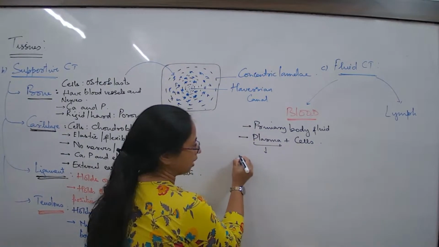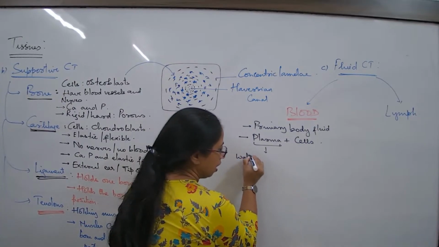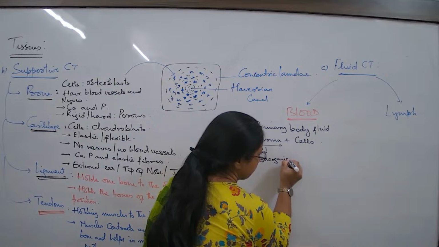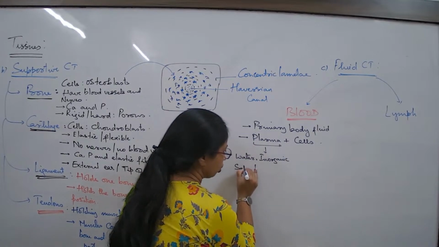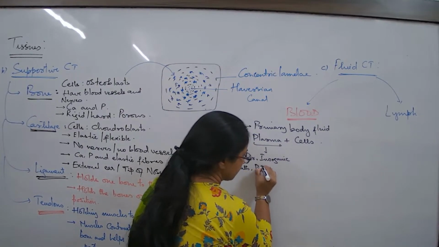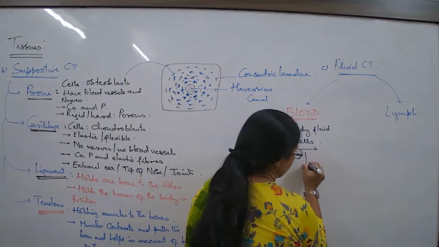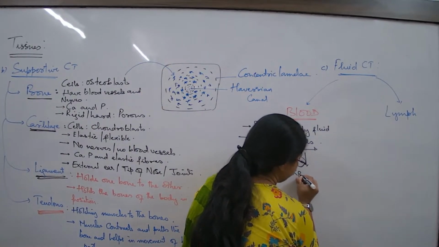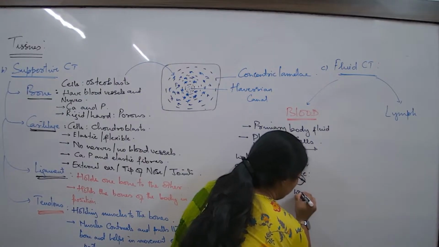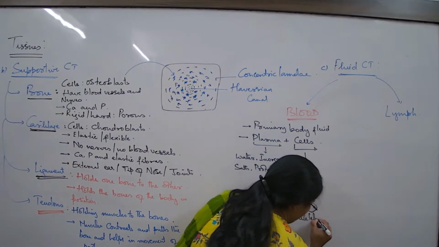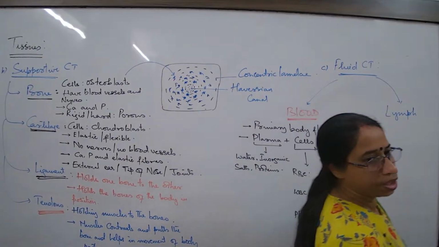Water, inorganic salts and proteins. And what are the cells? What are the three types of cells of the blood? RBCs, WBCs and platelets.